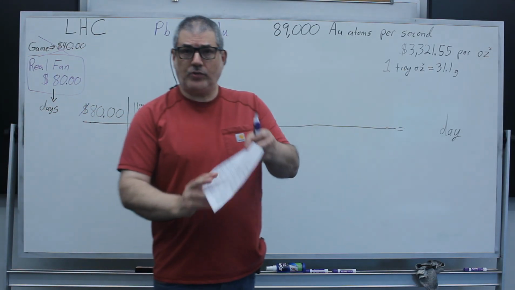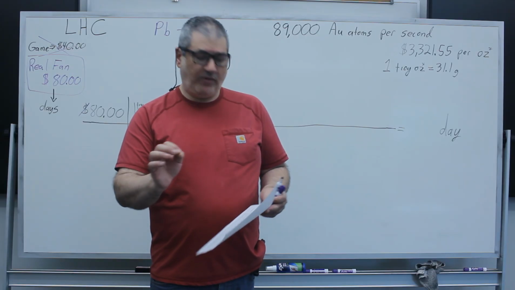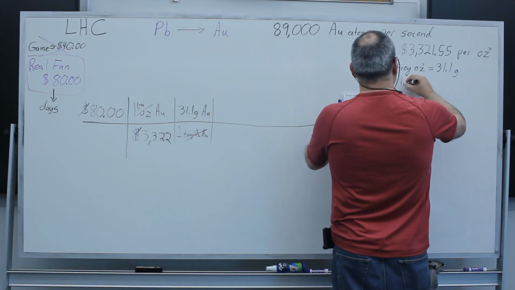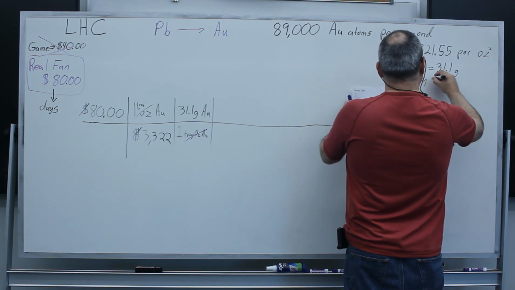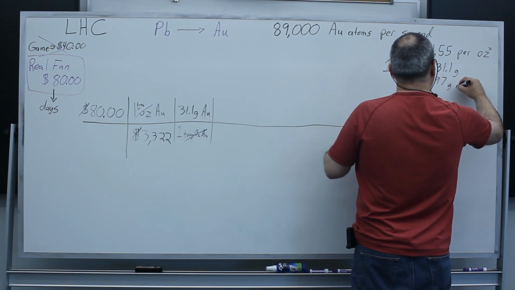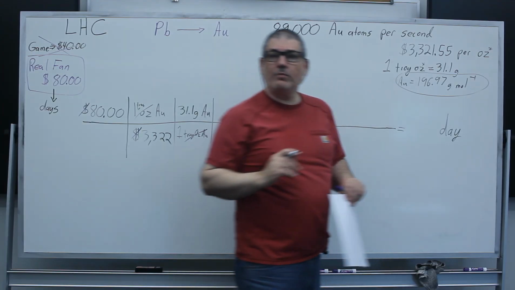If you're taking chemistry, you should be familiar with the periodic table, and we have molar masses. Gold has a molar mass of 196.97 grams per mole, okay? So I'm getting that from the periodic table.